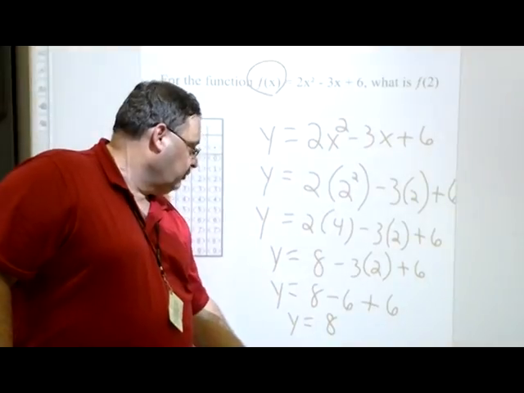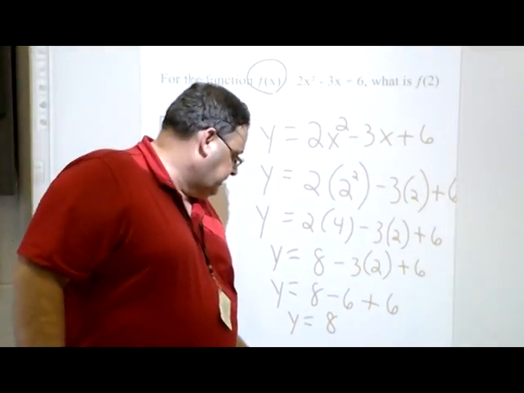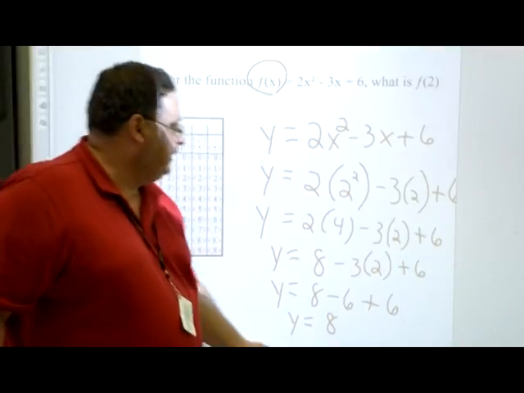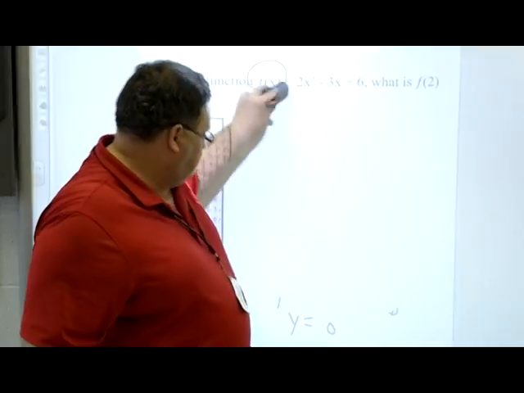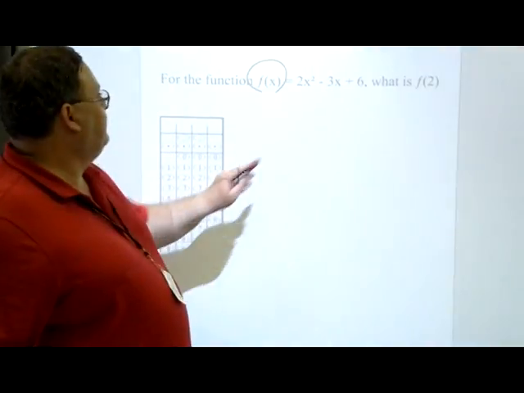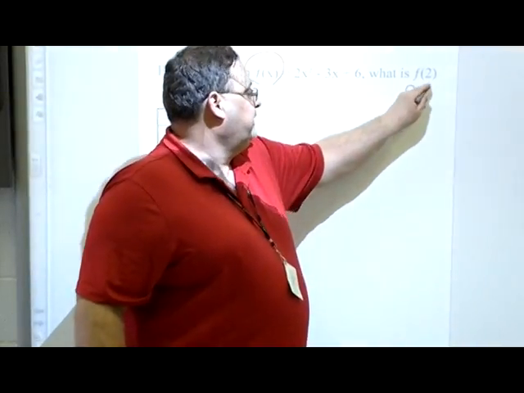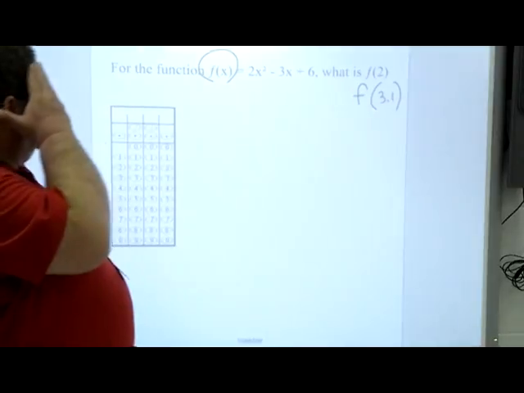Okay, Coach, what if I have a problem that looks a little bit uglier? In other words, I'll work a problem. I'm going to use the same equation, but this time I'm going to say f of 3.1.